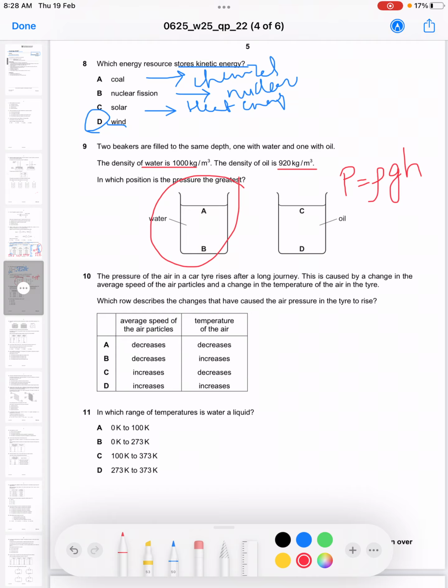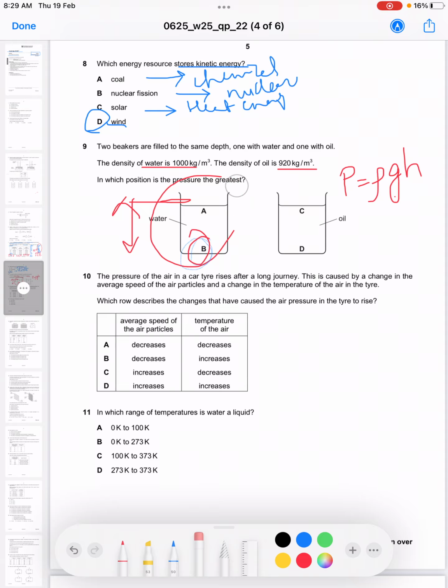We all know that at position A, the height is 0, like no height. In comparison with B, we have the maximum height, right? So according to that, our pressure at position B is maximum, right?